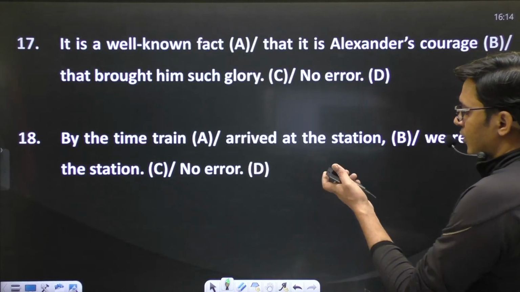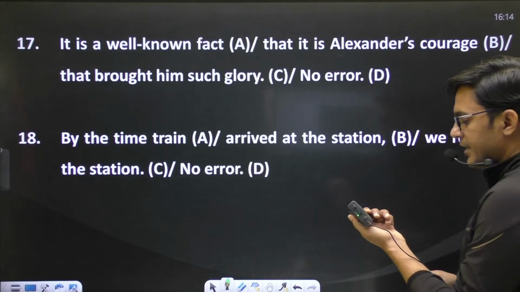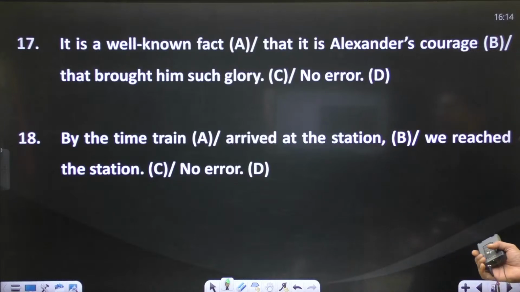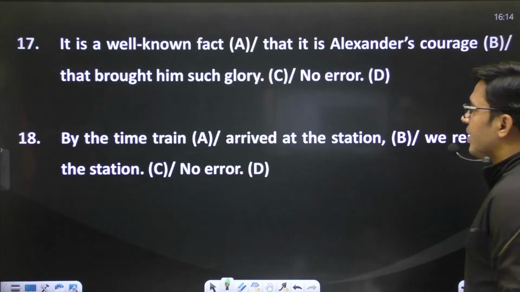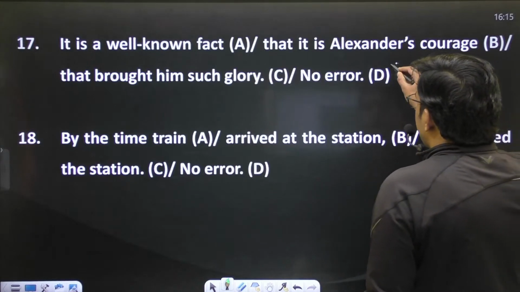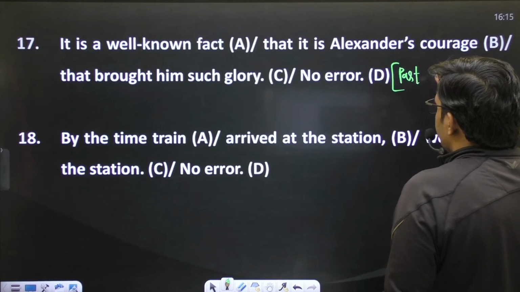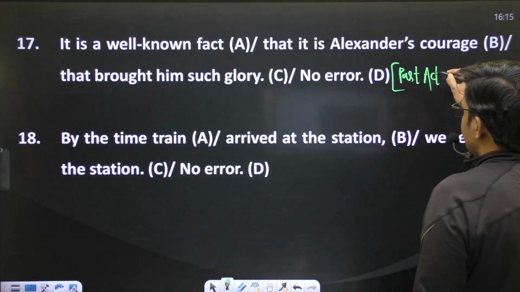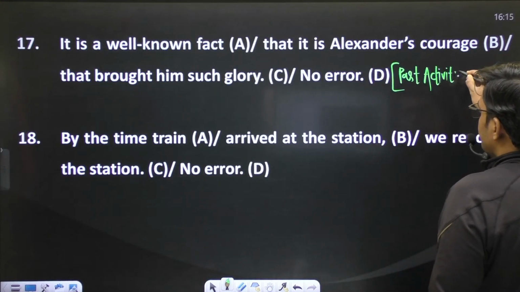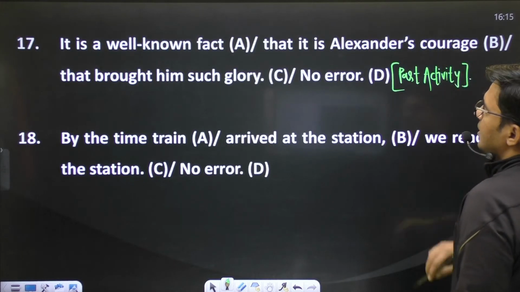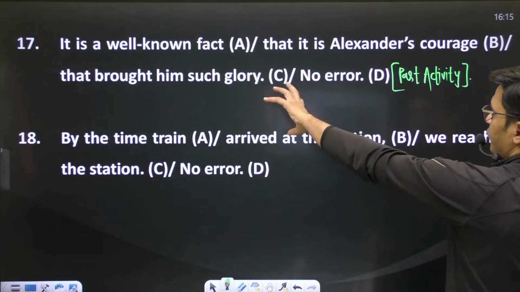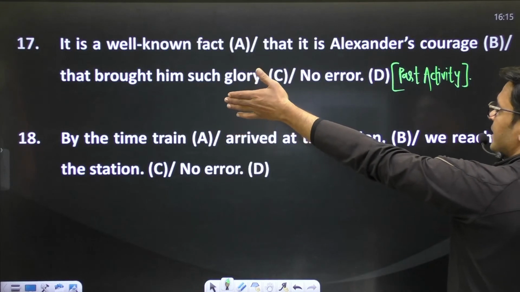It is a well-known fact that it is Alexander's courage that brought him such glory. If you talk about this action, no doubt this is a past routine or past activity, you can say. Whenever you talk about Alexander, this is the action which was done in the past.